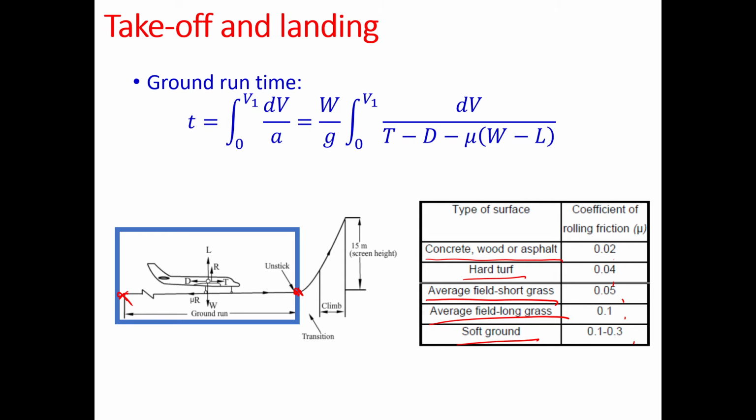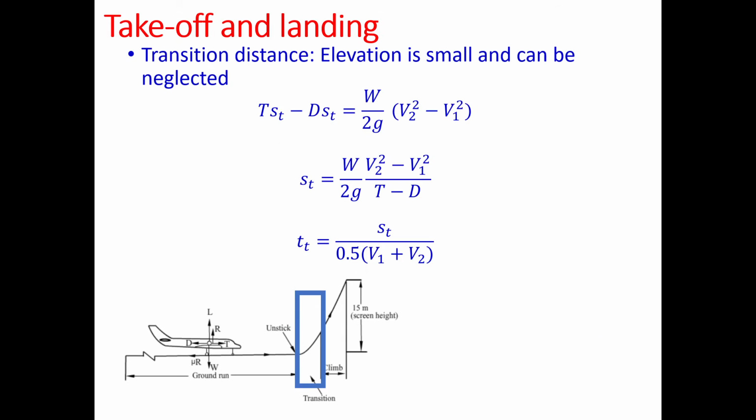So essentially, you may see this in a quiz later in the semester. You just have to make sure that you are comfortable with using these integrals and these equations in general in your analysis. Okay, the transition distance can also be calculated.